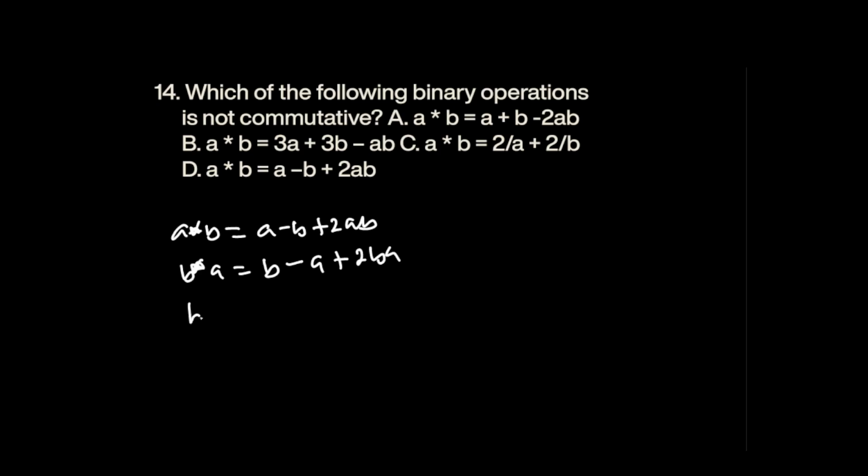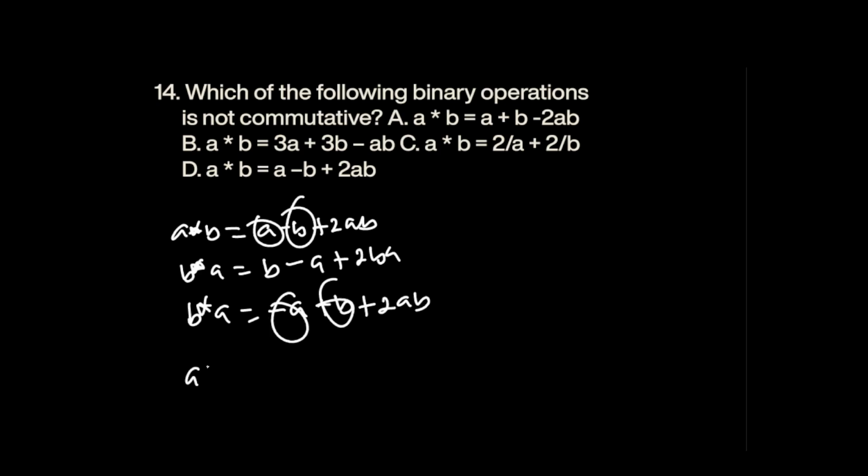So we have B operation A equal to negative A plus B, then plus 2AB. If you look at it, this is negative A and this one is positive. This is negative B, this is positive B. So A operation B is not equal to B operation A. So the correct answer to this is going to be D.